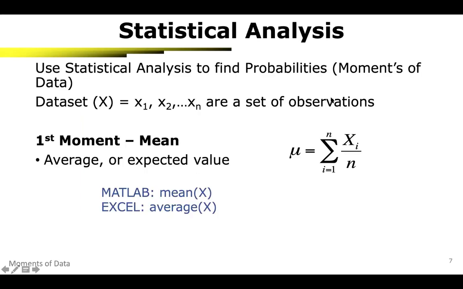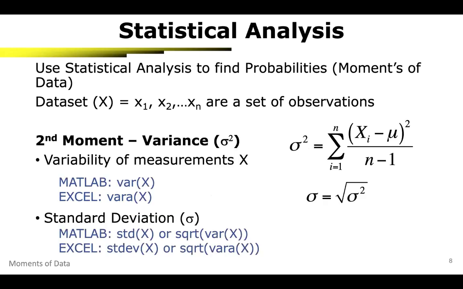And so that would be X, so a set of observations. And what we might be interested in is the average or expected precipitation observation over a given period of time. So you would sum your observations and divide by the total number of observations. Another way to calculate the mean in MATLAB would be mean of X, or in Excel would be average of X. So that's the first moment of our data.